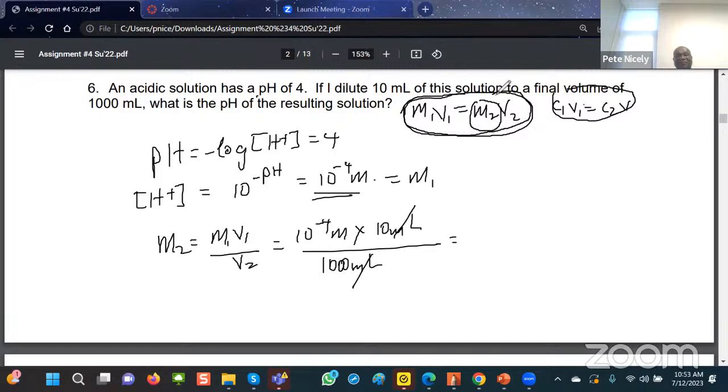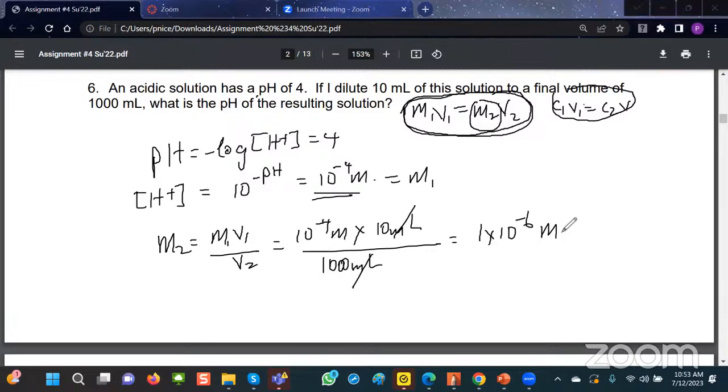Okay. So let's see, what does this give? According to my calculations, this works out to be equal to 1 times 10 to the minus 6 M. Okay, so what do we do with that number? You calculate pH using the pH equation.